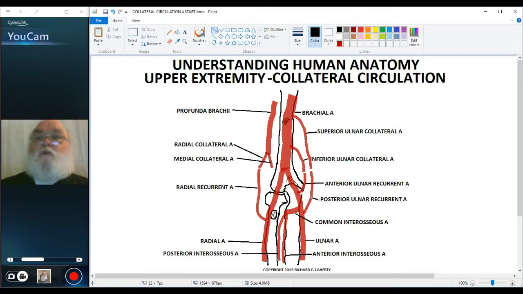Now there's one more anastomosis here, and that is a branch of the posterior interosseous. May come off the common interosseous. It's right about where the posterior separates from the common, but it passes to the posterior side.